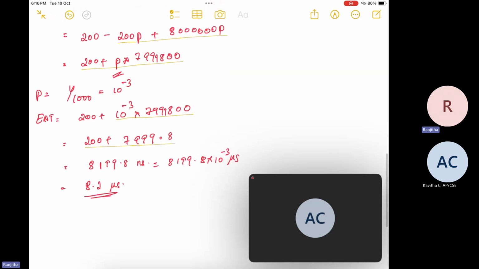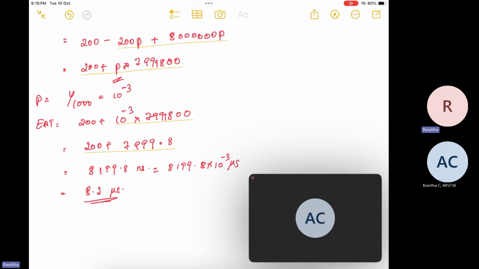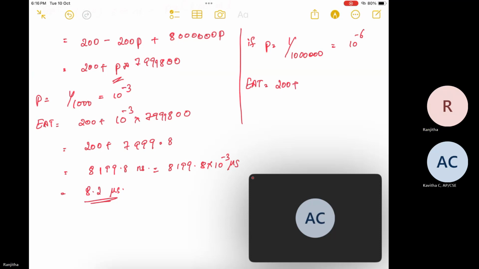So instead of 10 power minus 3, if P equals 1 by 10 power 6, then the effective memory access time will be 200 plus 7,999,800 into 10 power minus 6, which is 200 plus 7.99, which is 208.